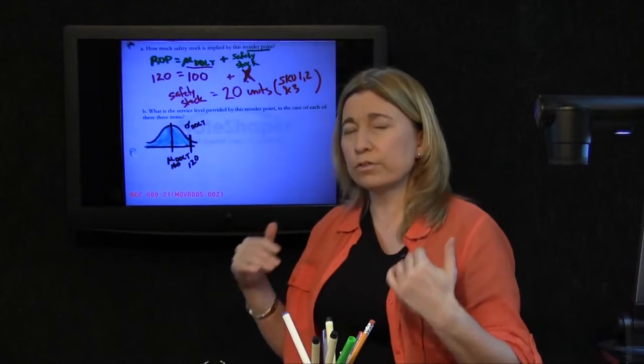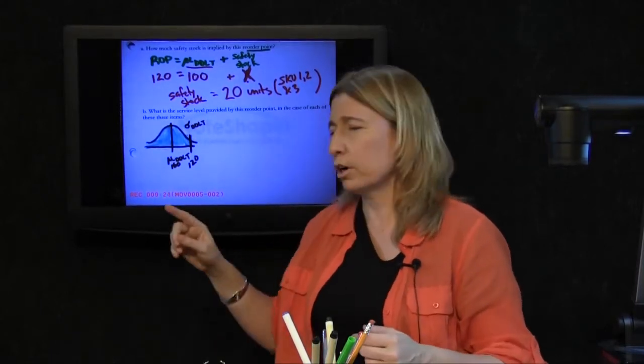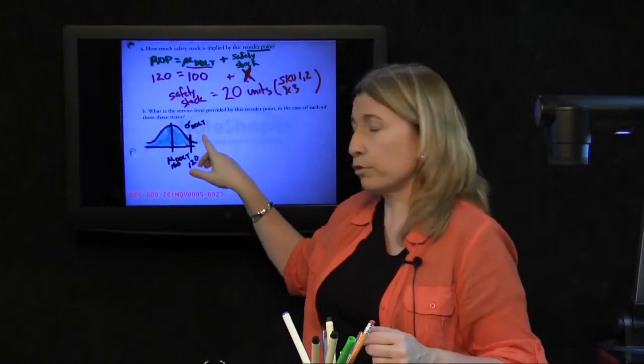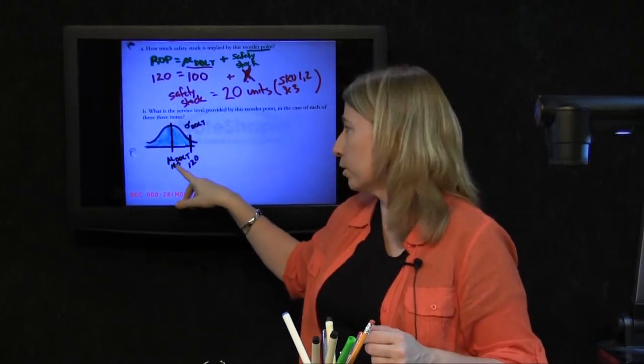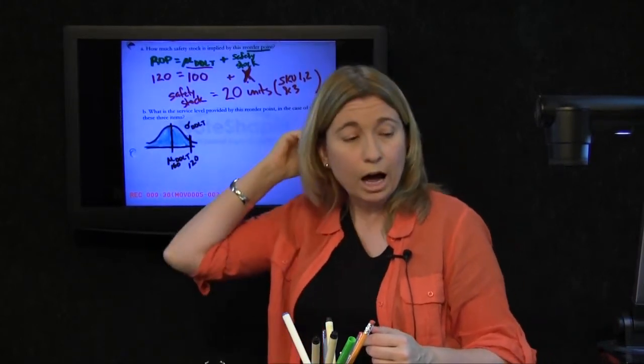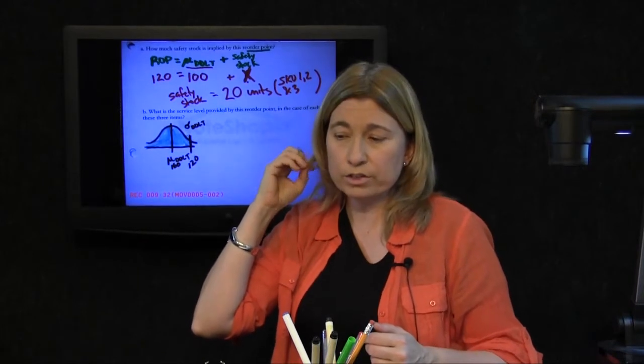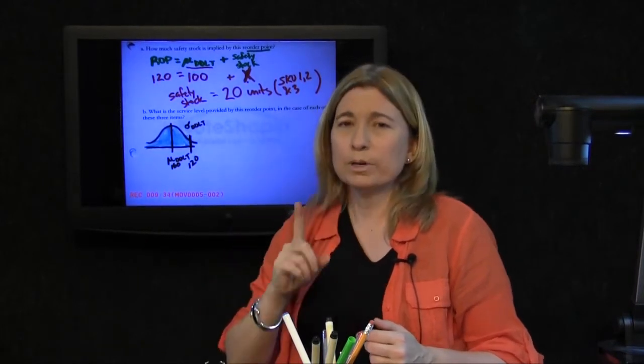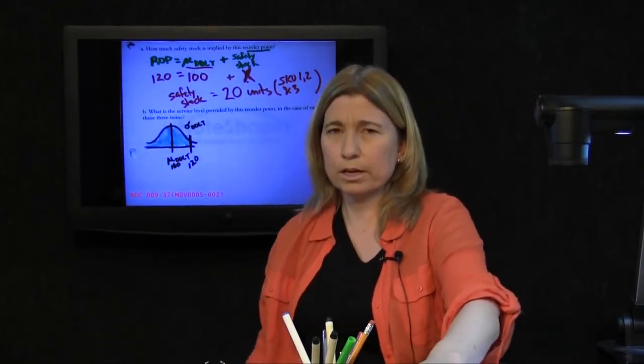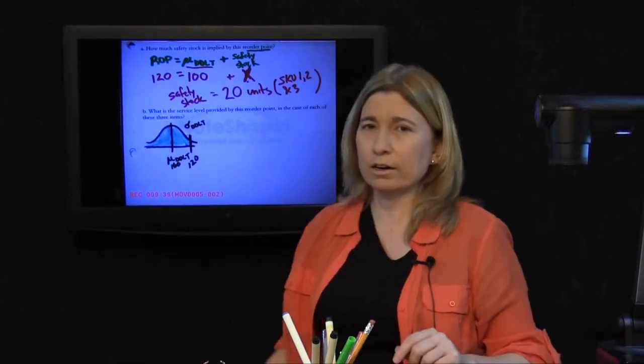Now this is three questions, one for each item. Each of the three items has a mean of 100 and a reorder point of 120. I wonder if it has the same service level. Because, now wait, let me think, how am I going to find that area?